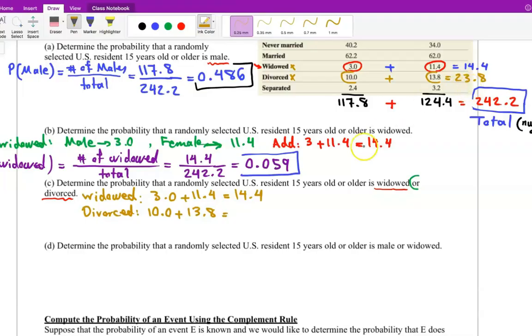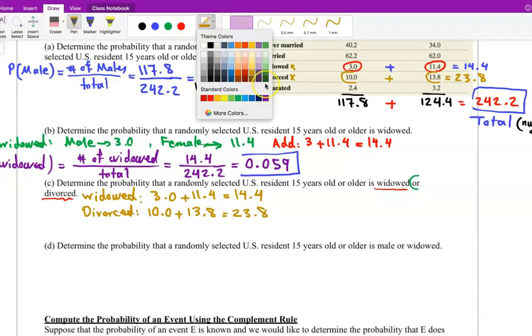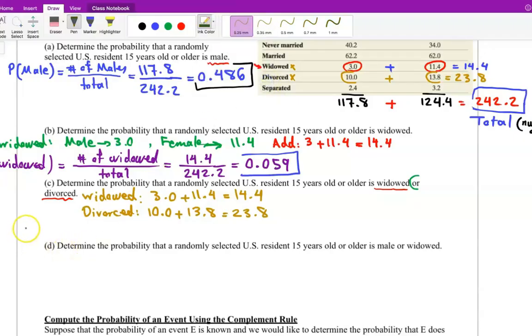So that part is 23.8. Now writing the answer for this part, probability of, in between we have or. Now add each one.